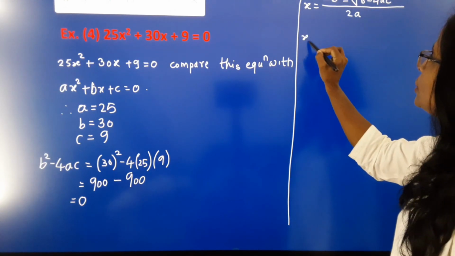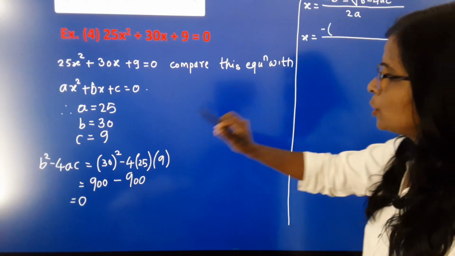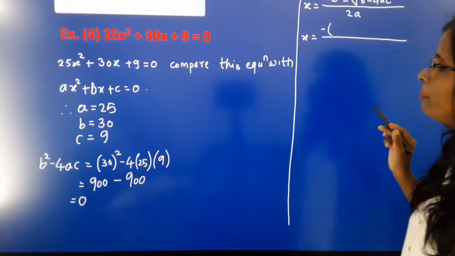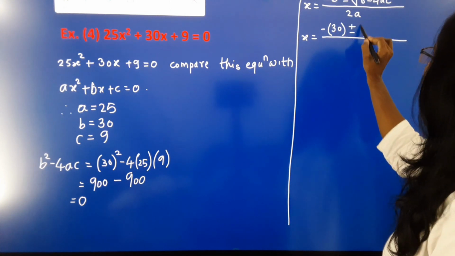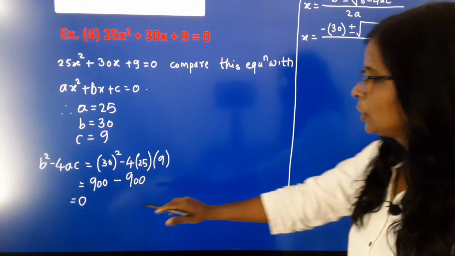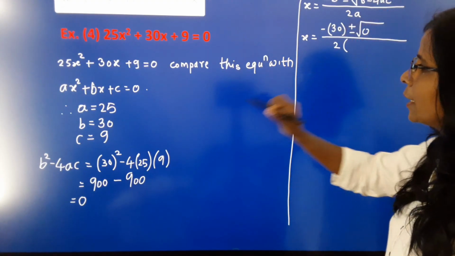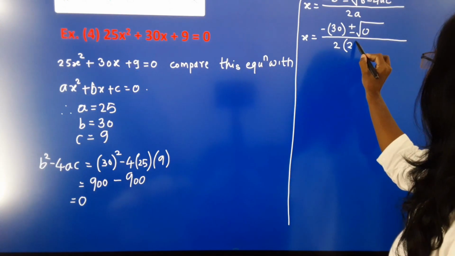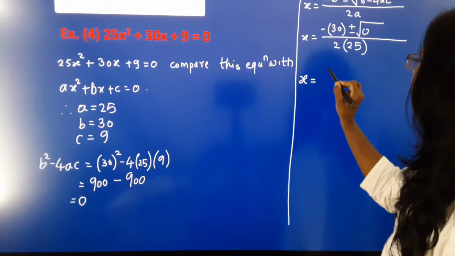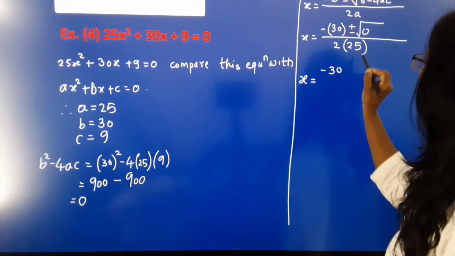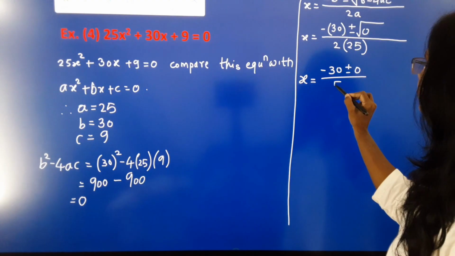Now substitute the given values. The value of b is 30, so minus of b plus or minus the square root, that is 0, upon 2 multiplied by a, which is 25. So here x is equal to minus 30 plus or minus 0 upon 50.